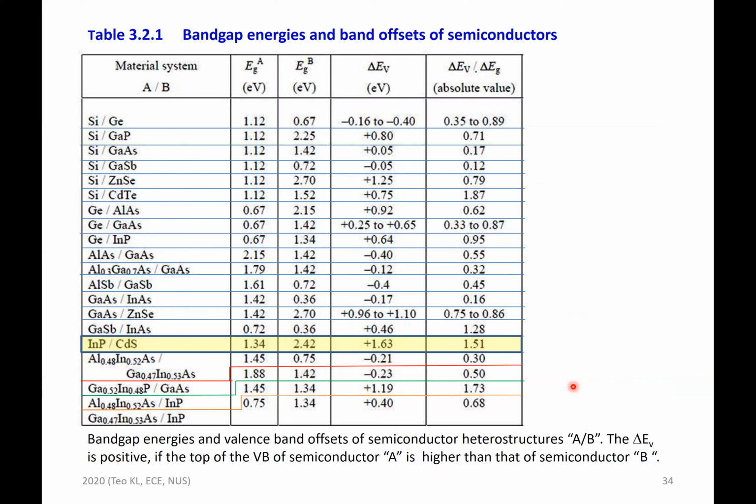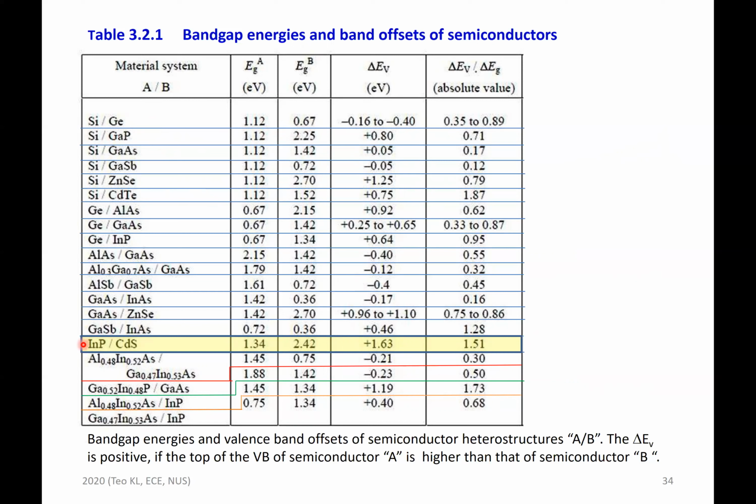Okay, this is a table showing the band gap energy and band offset of some semiconductors. So the material systems are silicon/germanium, silicon/gallium phosphide. This is material A, this is material B. The band gap of silicon is 1.12, the band gap of germanium is 0.67.